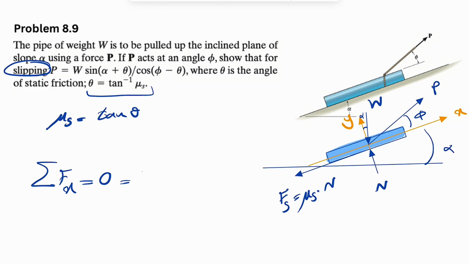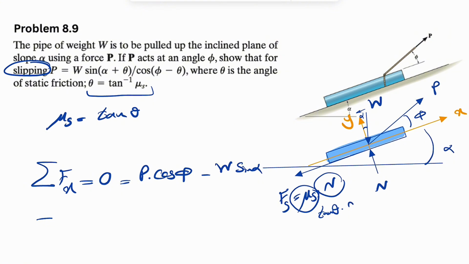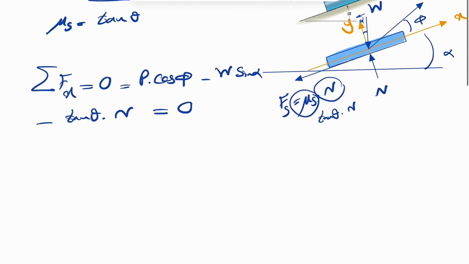We have the x component of P, which is P cosine of phi, positive. We have the x component of weight, which is down the incline, so negative W sine of alpha. And we have the friction, which is mu s times N, and mu s is equal to tangent of theta, so it's tangent of theta times N. This equals 0. This is our first equation.